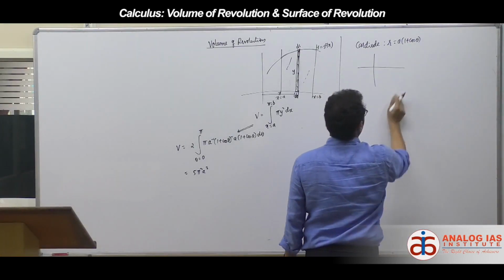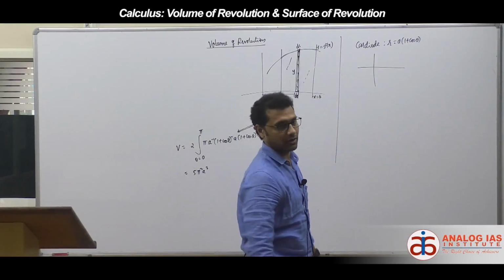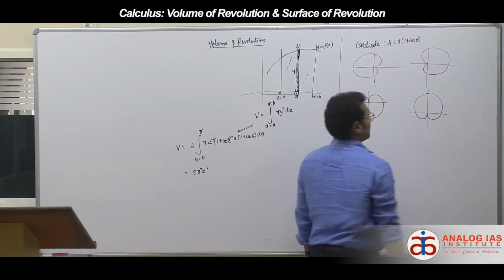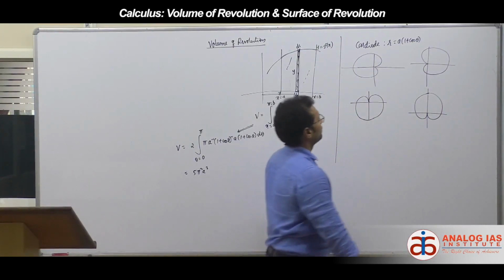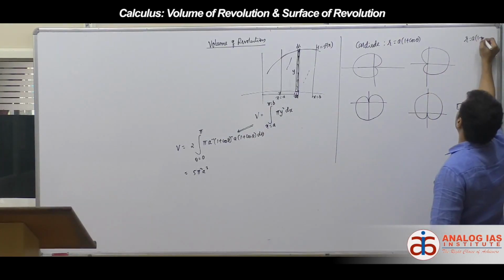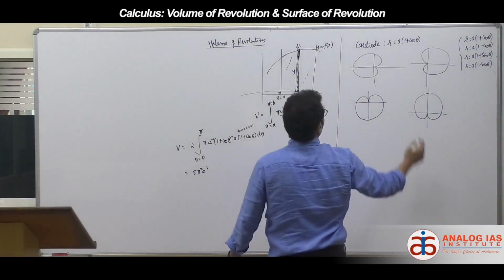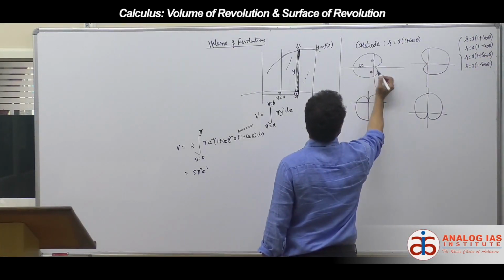Anyone who remembers cardioids? The 4 cardioids are r equal to a into (1 plus cos theta), r equal to a into (1 minus cos theta), r equal to a into (1 plus sin theta), and r equal to a into (1 minus sin theta). Here the dimensions are 2a, a for all of them.